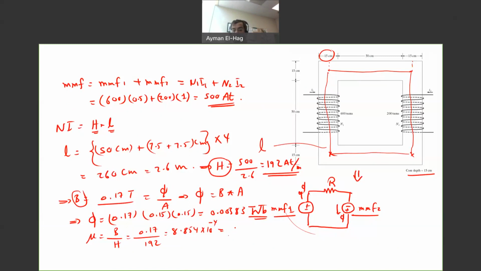But this is equal to mu 0 times mu r, because this is the total mu. So from this, you can find your mu r is equal to 8.854 times 10 to the minus 4 divided by 4 pi times 10 to the minus 7. And from this, you will find it is approximately equal to 7004. This is your relative permeability.